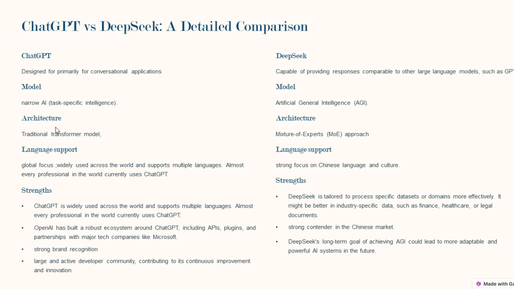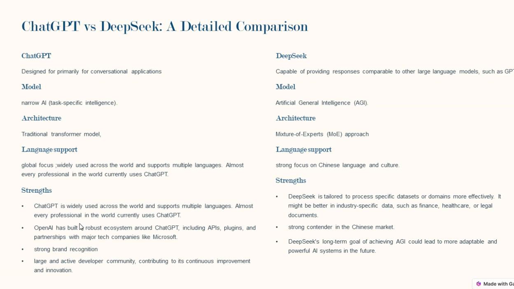As I already told you, ChatGPT is based on the traditional transformer model, whereas DeepSeek is based on the mixture of experts approach. And language support is one of the major differences. DeepSeek has a strong focus on Chinese language and culture, whereas ChatGPT has a global focus. It's widely used across the world and supports multiple languages.